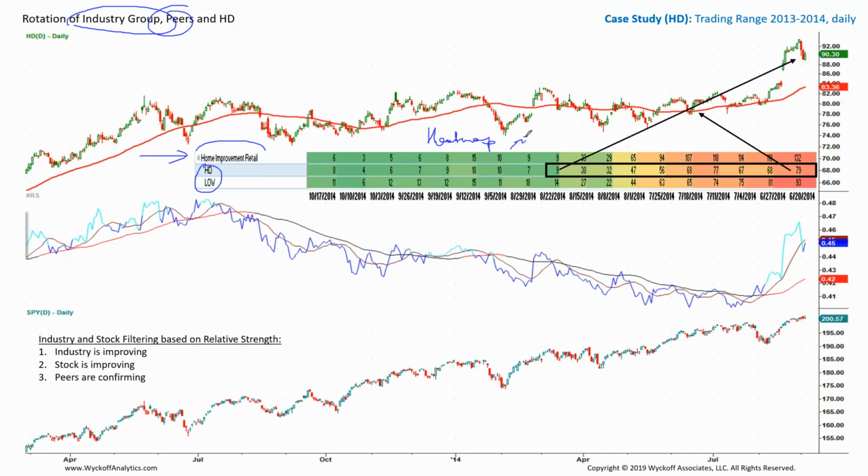So the green is usually going to mean improvement. And here for the groups, we have 156 groups, I believe.